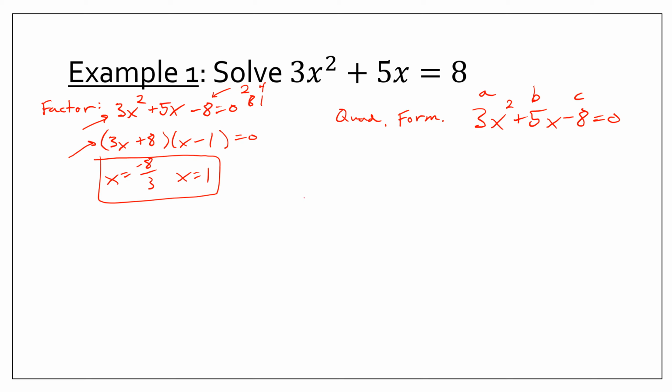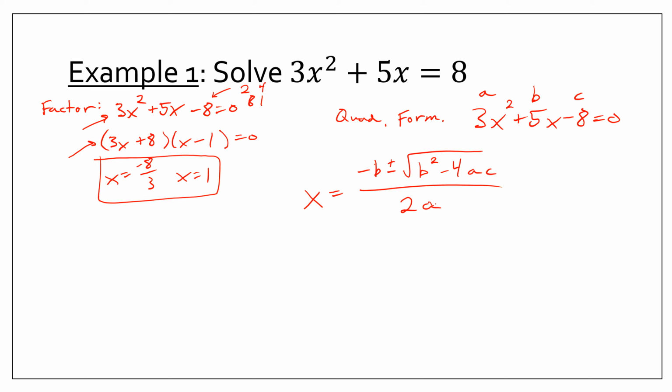So let me write the formula out. I'm going to be solving for x. So the formula is x equals negative b plus or minus the square root of b squared minus 4ac, all over 2a.